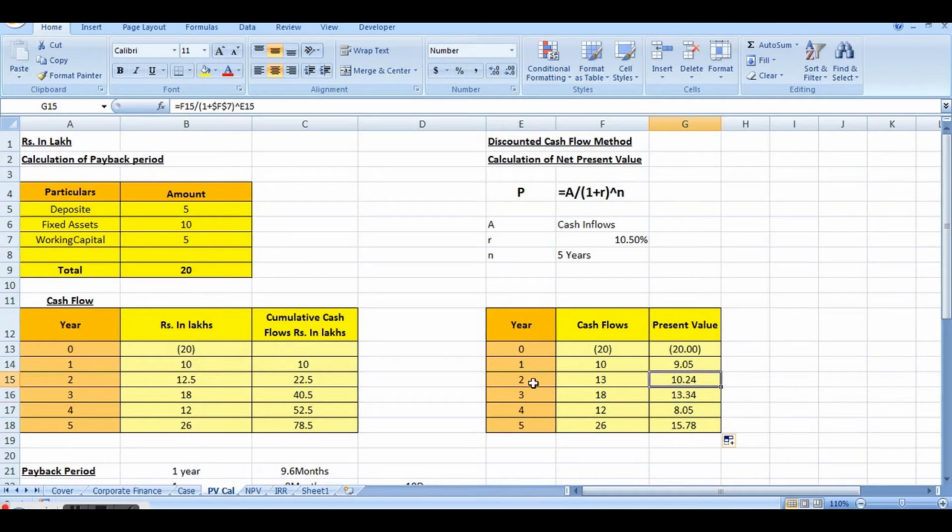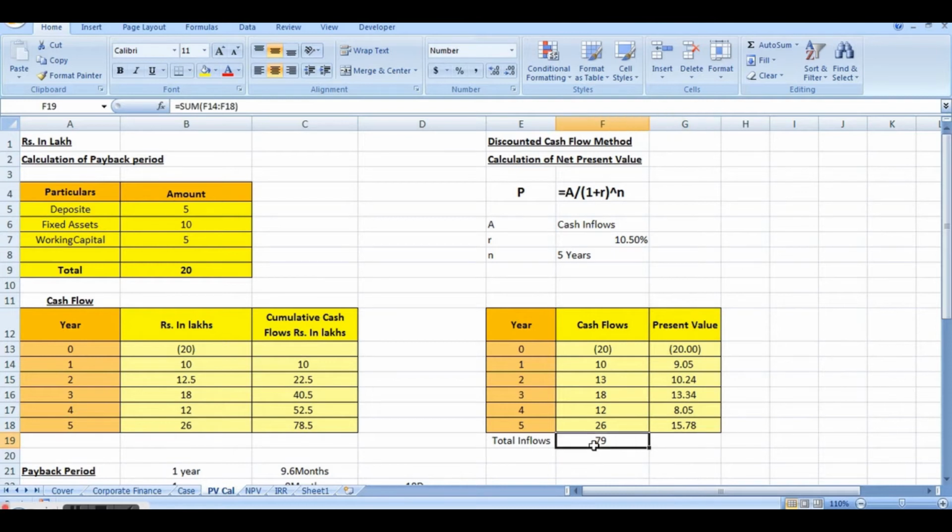And now if you see, if you make a total of it, only the inflows, total inflows, if I calculate, is equal to, or simply we'll take a sum of these 5 items, gives us 79. Means it shows that the total inflows that we are getting is 79 lakhs at the end of 5 years.